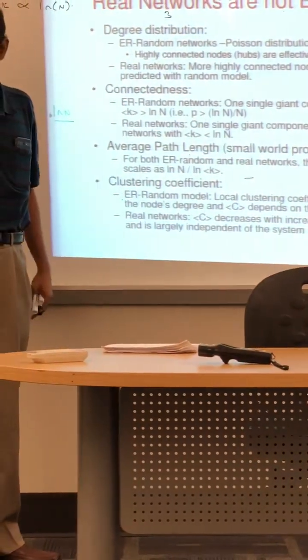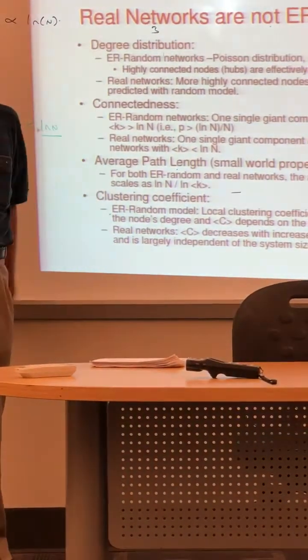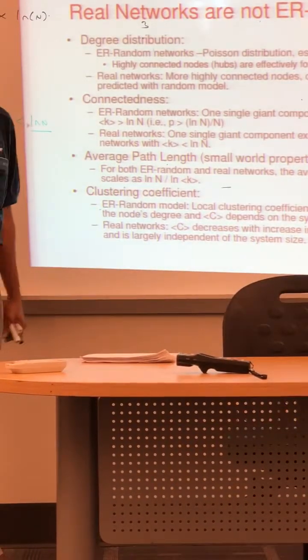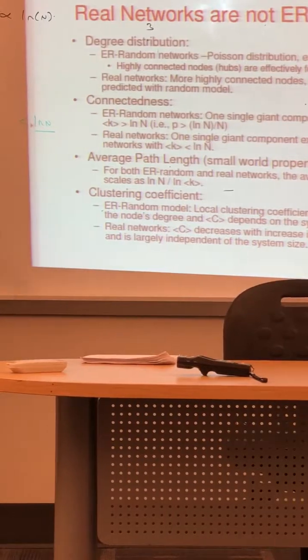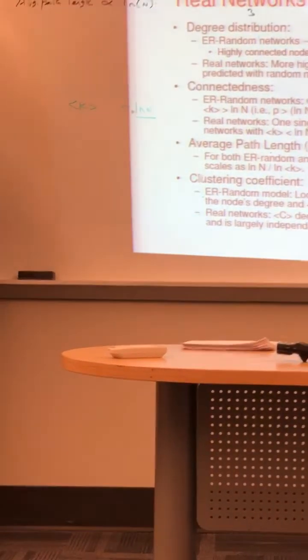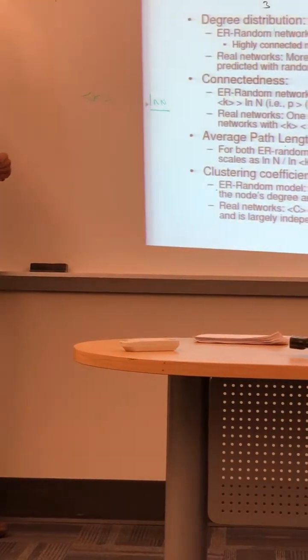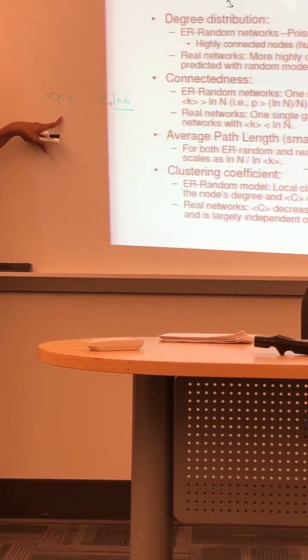A giant component is nothing but all the vertices being in one component, reachable from each other. The vertices may have a small degree, and some vertices have a larger degree, but still they are reachable to each other and they are in one component. That's called the giant component. And you can see a giant component for real world networks even if the average degree is less than log n.